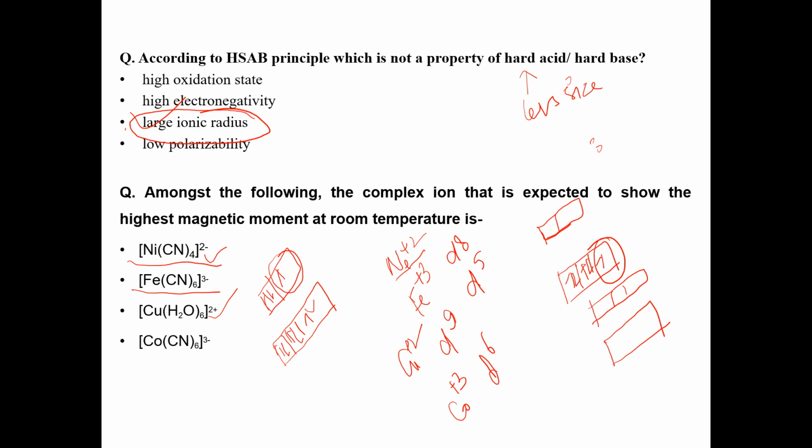And what about this one, that is plus 3? It is d6, so they will be paired up in the t2g level. And what about this one? The highest number of unpaired electrons will be in this one, so the highest magnetic moment will be shown by this complex.